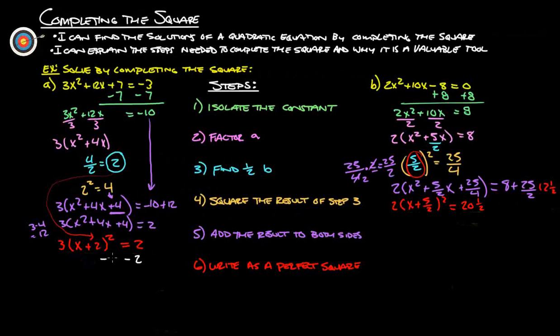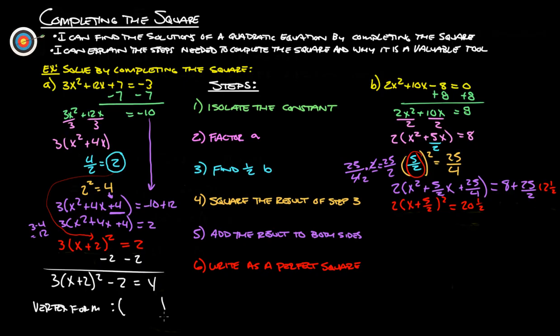So if we subtract 2 from both sides here, we would get 3 times x plus 2 squared minus 2 equals 0, or we would just say y equals, and this is what we call vertex form. Because if you look at this, you can see that the vertex is going to be at -2 and -2. That would be the vertex of this equation here.